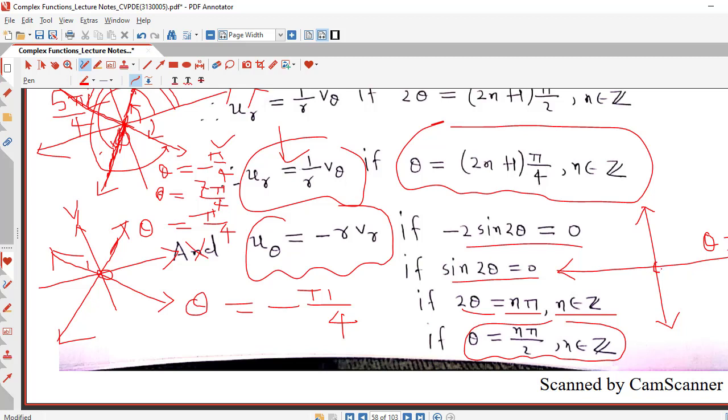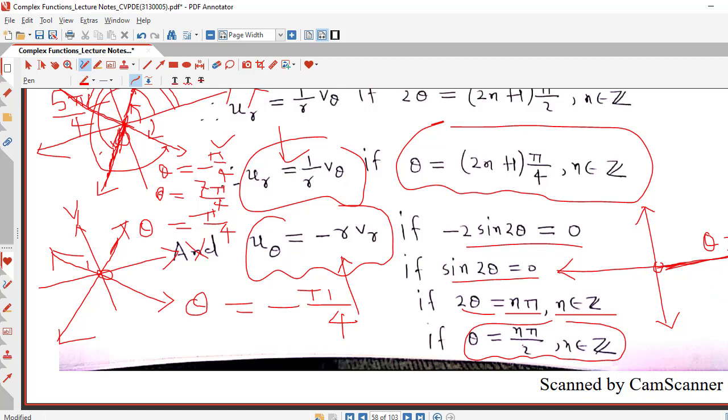At 0 it is undefined. So if you consider this portion, then this represents θ equal to 0. So this second equation is satisfied at all the points on the positive x-axis. If our point is on the positive x-axis, its argument is 0.